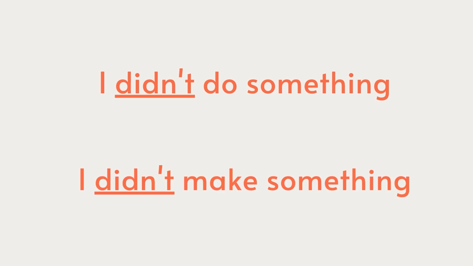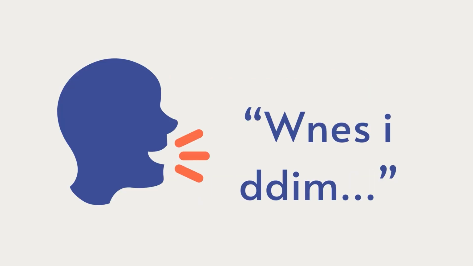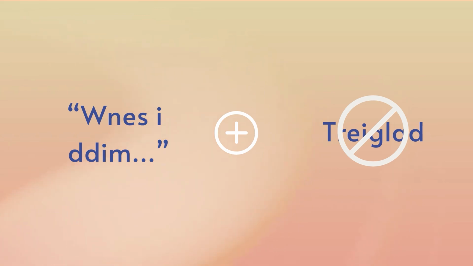To answer by saying I didn't do something or I didn't make something, say wnes i ddim. There is no treiglad following ddim. Here are some examples. Wnes i ddim llun.